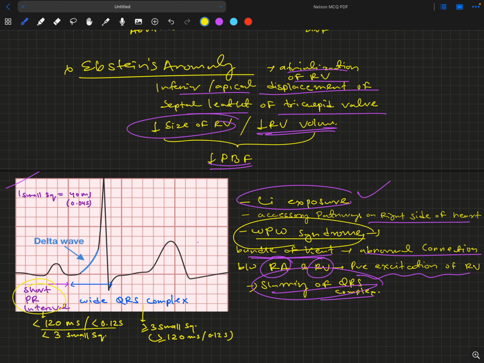Short PR interval, wide QRS complex, more than 3 small squares or more than 120 millisecond. One small square is equal to 40 millisecond or 0.04 second. So 3 small squares is equal to 120 millisecond or 0.12 second.